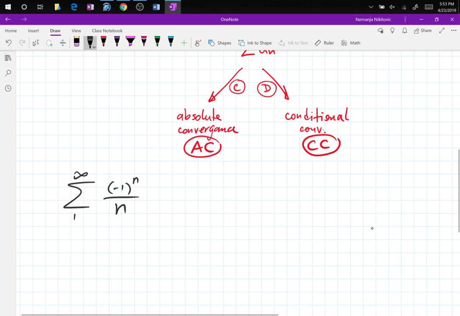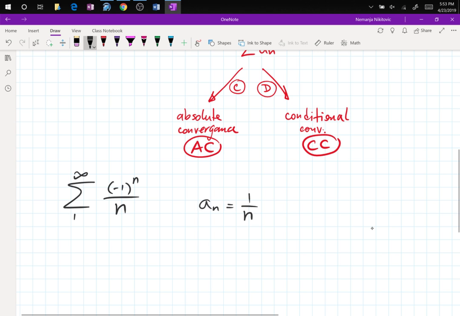Now, is this an alternating series? Yes, because you look at it and you see negative 1 to the n, or negative 1 to the n plus 1, and so on. That's very important. We immediately spot it as an alternating series. Your immediate response is to fish out an.